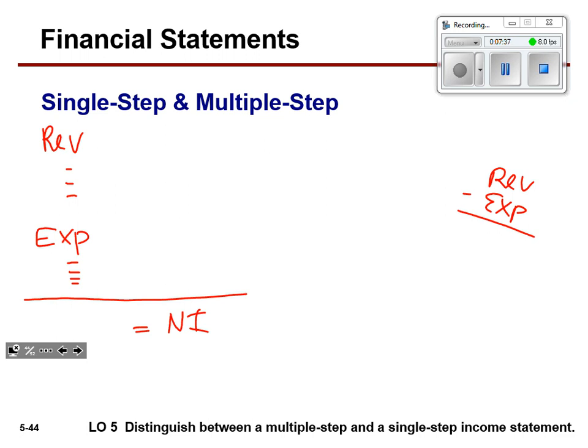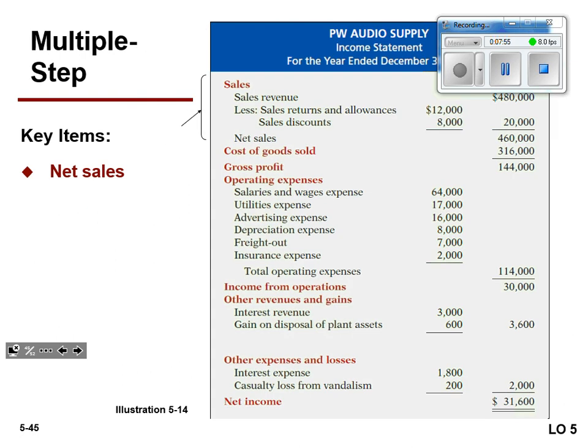That was a single step income statement. A multi-step, you have to stop and say, well, what was cost of goods sold? Then way more steps. And so what I'd like to do for the remainder of this lecture is talk about all those steps. Here's what it looks like.